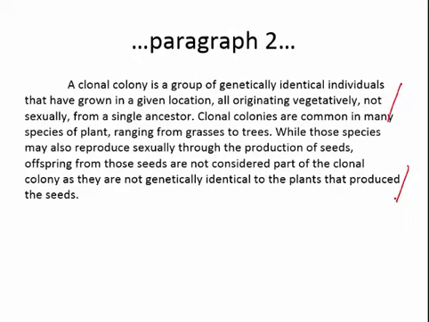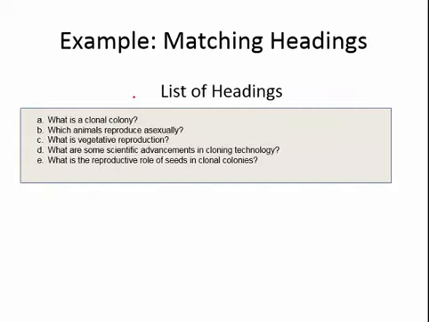Okay, just like in the first paragraph, when I read this first sentence, once again, this gives me a really good idea about what this paragraph is really about. We see clonal colony and basically a definition of what a clonal colony is. And if we look back at our answer choices, that was one of our headings to choose from.